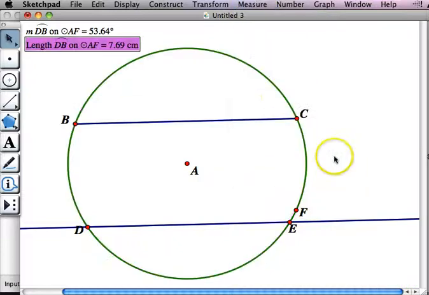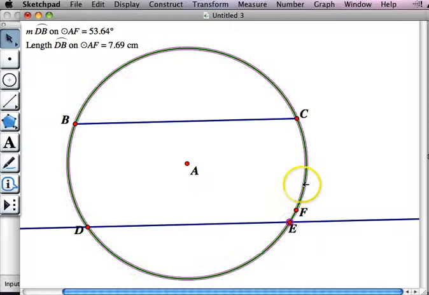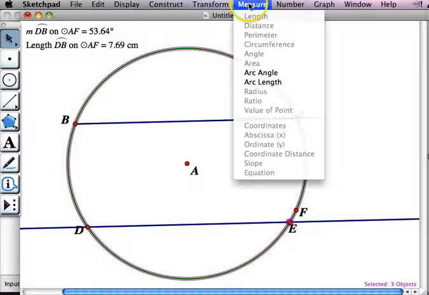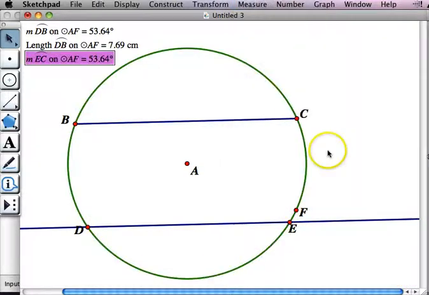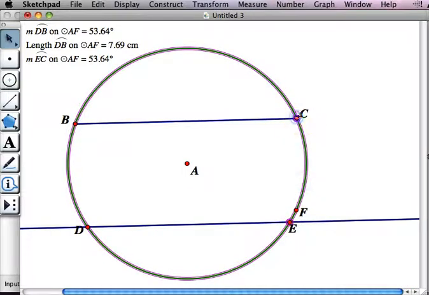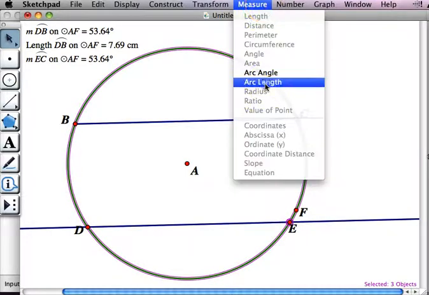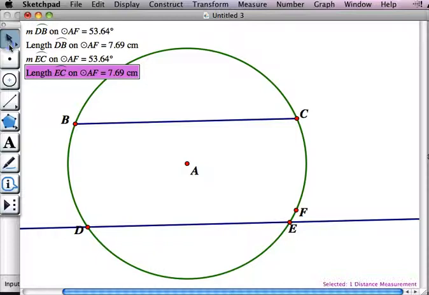So we'll just put those next to each other. And we'll do the same thing for this one. Measure arc angle and measure arc length. And we can see that those are the same.